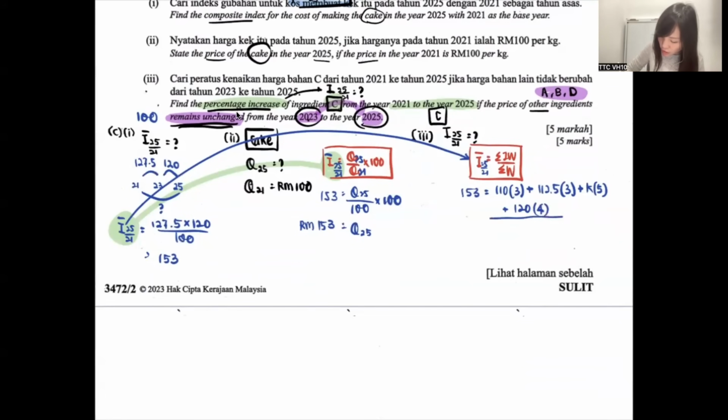Divide by total ratio. Cannot straight away total. Show the working. 3 plus 3 plus 5 plus 4. Okay? Press calculator now, just to get the answer.